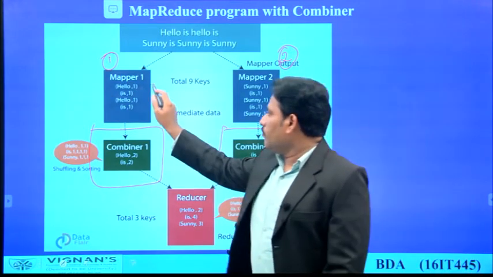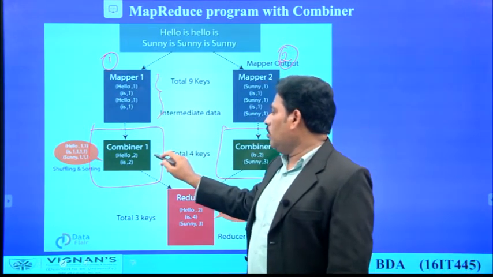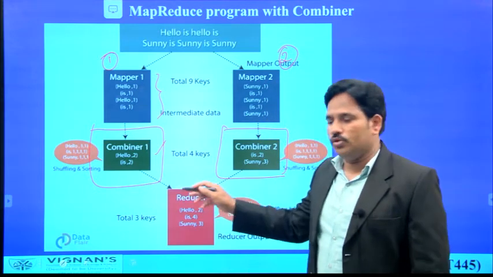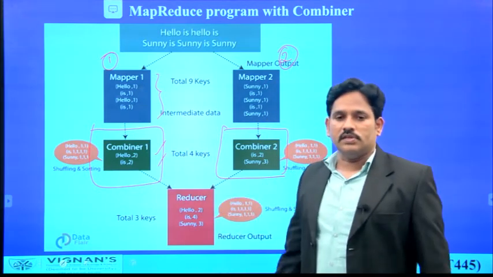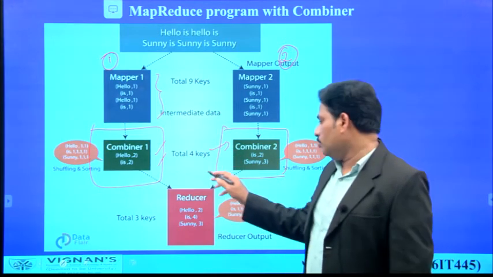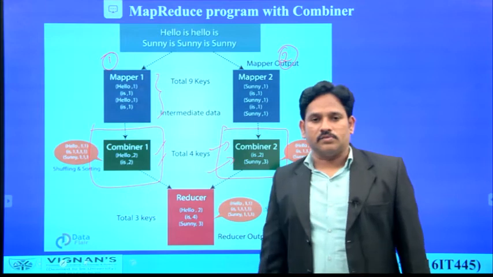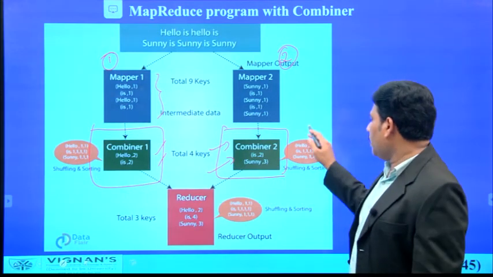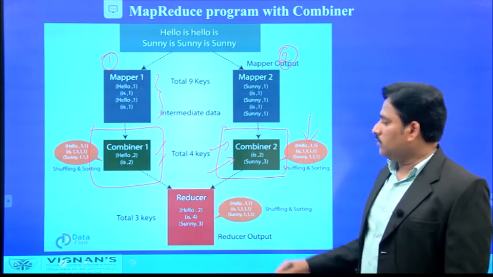From the first mapper, hello is repeated 2 times, so hello comma 2, and is is repeated 2 times, is comma 2. In the second mapper, is is repeated 2 times, is comma 2, and sunny is repeated 3 times, sunny comma 3. Here also shuffling and sorting are applied in parallel.